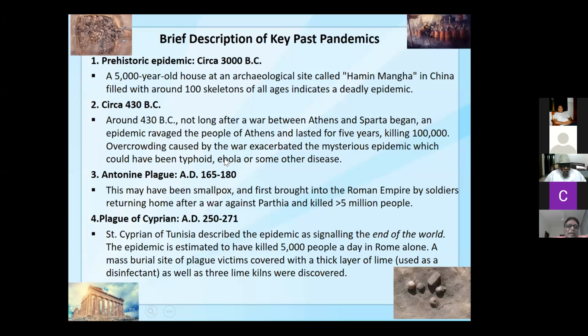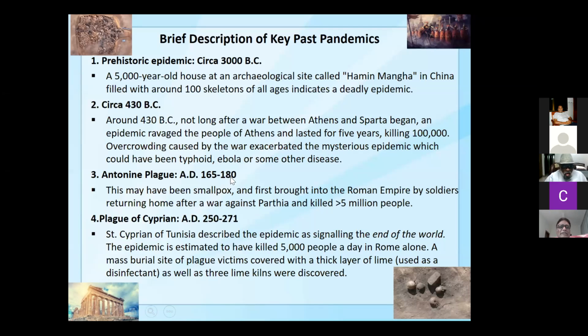In 430 BC, not long after the war between Athens and Sparta in Greece, there was an epidemic that ravaged the people of Athens, and it lasted for 5 years, killing in those days 100,000 people. It was believed that overcrowding caused by the war exacerbated the mysterious epidemic, which could have been typhoid, Ebola, or some other disease. We are not sure what exactly it was.